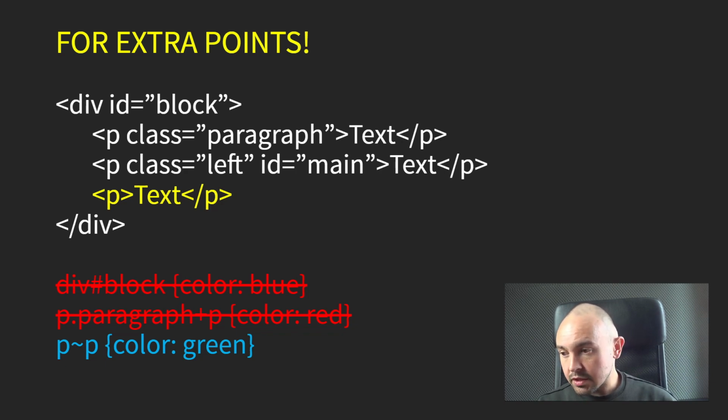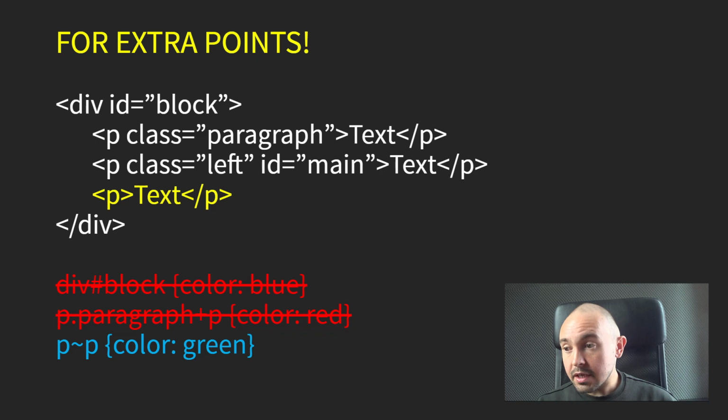Let's see the second one. Take a p tag, which is the first younger brother of a p tag with the class of paragraph. And we can see that this rule is not even referring to our p tag, because the first younger brother of a p tag with the class of paragraph is the p tag with the class of left.